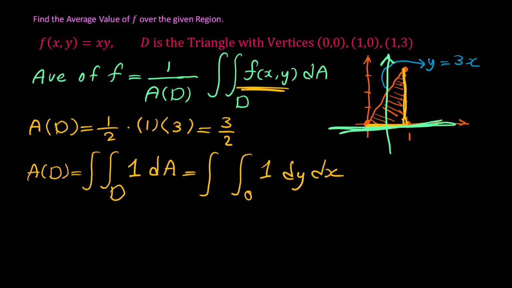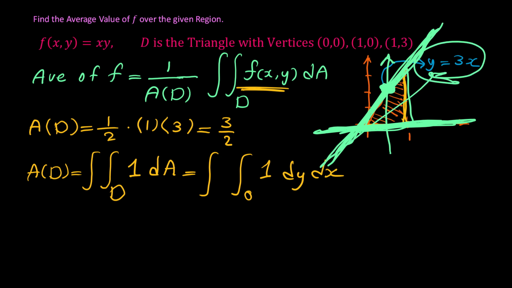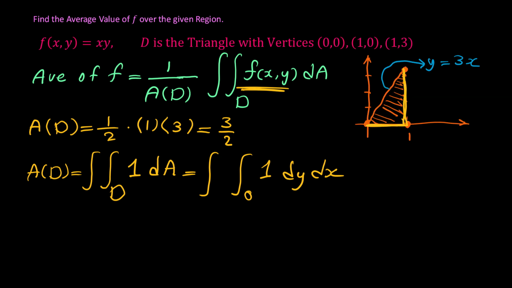As you can see, this vector enters the region at this line and leaves the region at this point. But what is this point? This point lies on this equation. So the upper bound for y is 3x. So y is changing from 0 to 3x.